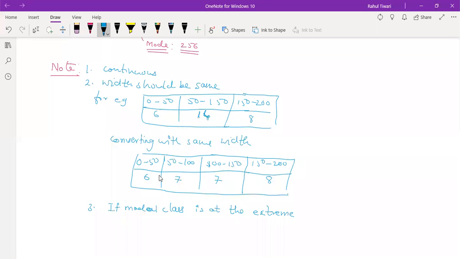Suppose my modal class is this. If my modal class is this, can you compute f2 here? Then the mode cannot be determined.